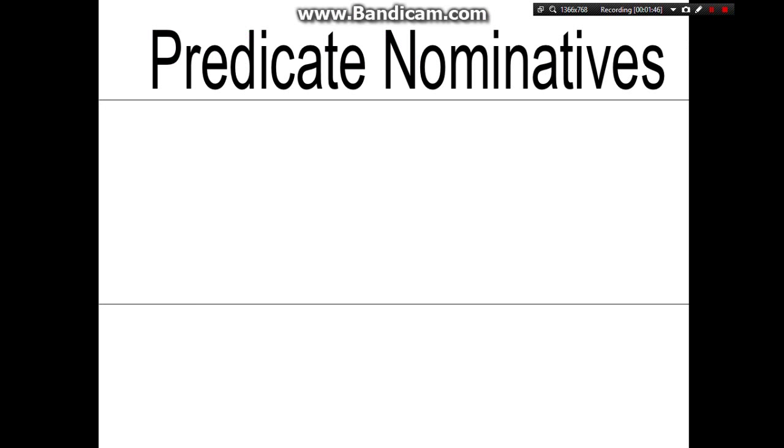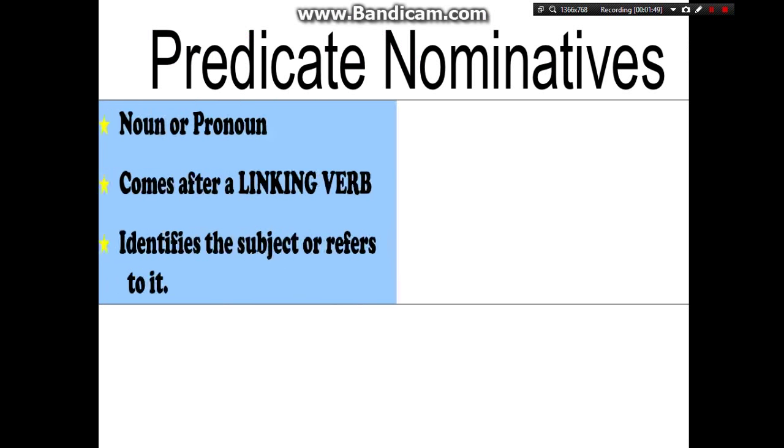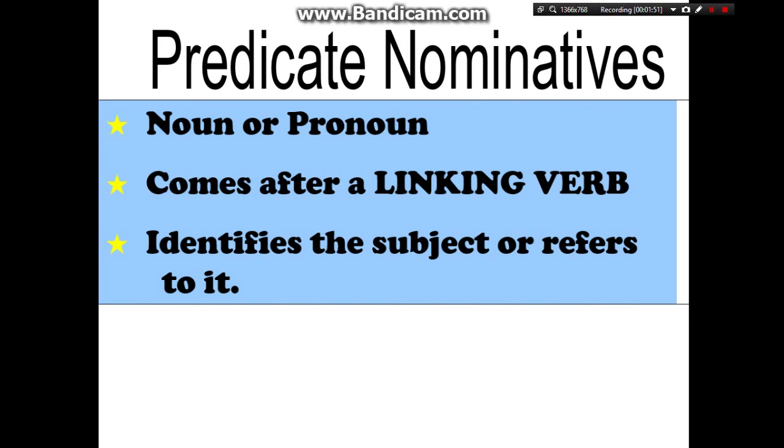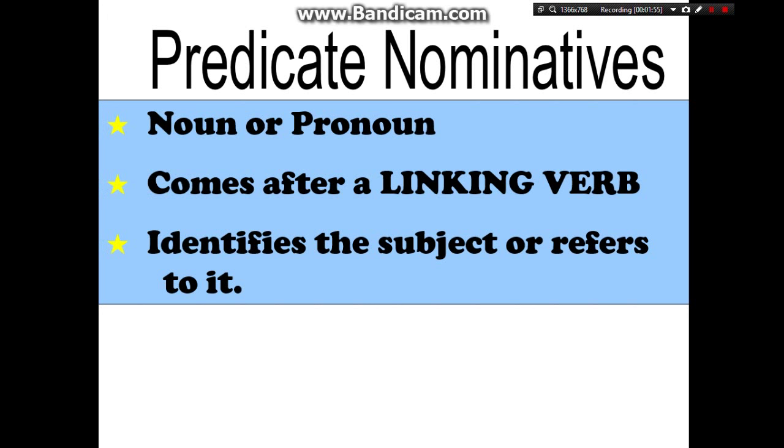So open your flap that says predicate noun, and across the top you need to put 3 bullet points in the top of the flap. The first thing you should know is it is a noun or a pronoun. Second thing is it comes after a linking verb. And the third thing is it identifies or reflects the subject.